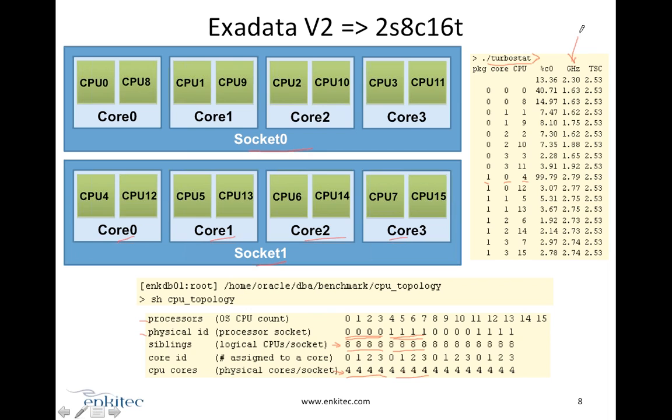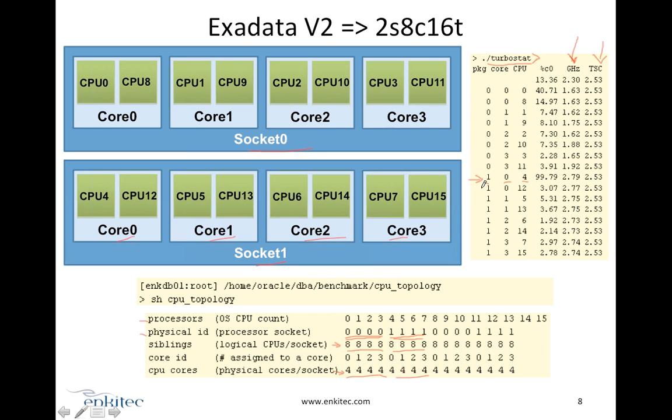Another thing that I want to show you is this tool by Intel called turbostat. If you want to instrument the thread level of performance and how it relates to the cores and the package or the socket, then this tool is very good to have.